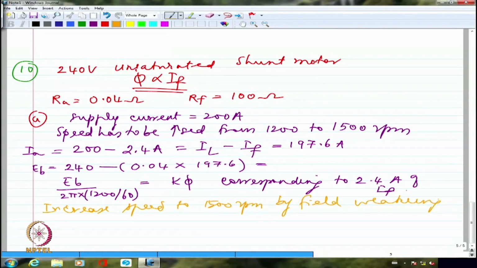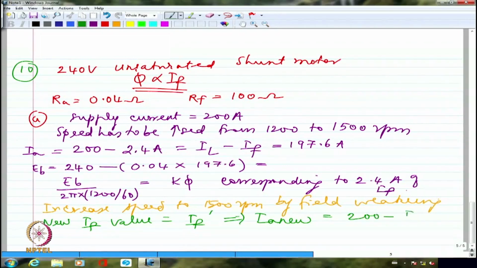So let us say the new IF value is equal to IF dash. Line current is not changing. So I should be able to say IA new will be equal to 200 minus IF dash.